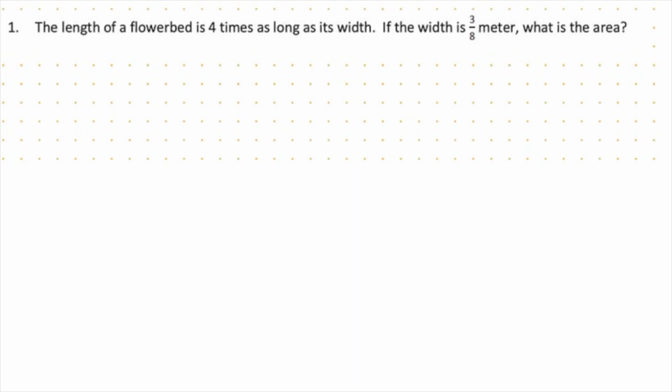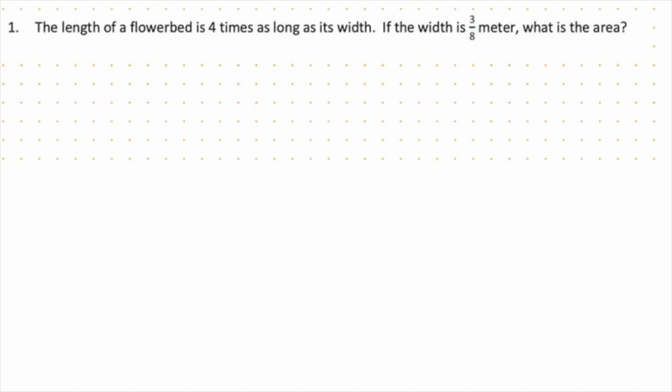Welcome back. If you completed that first snapshot challenge, send yourself some shine, and let's get ready to jump into our problem set. Number 1. The length of a flower bed is 4 times as long as its width. If the width is 3/8 meter, what is the area? You can see on the bottom that there is another snapshot challenge worth 1 Thrive point.